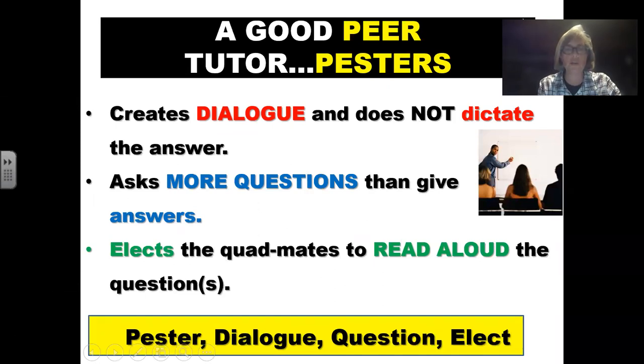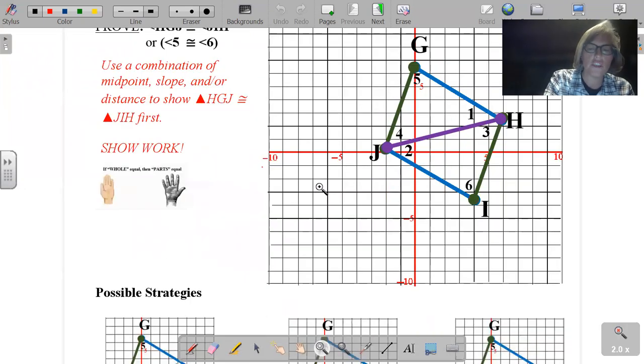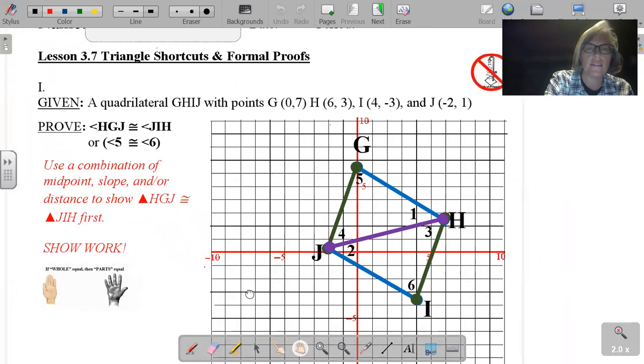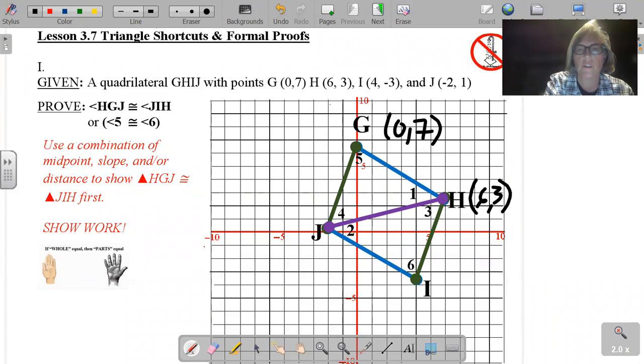All right, for this particular problem, let's go through this. You are given a quadrilateral GHIJ, and for number 1, you want to get these coordinates always directly on the diagram. This is 0, 7, 6, 3. Down here, that's going to be 4, negative 3, and negative 2, comma 1.